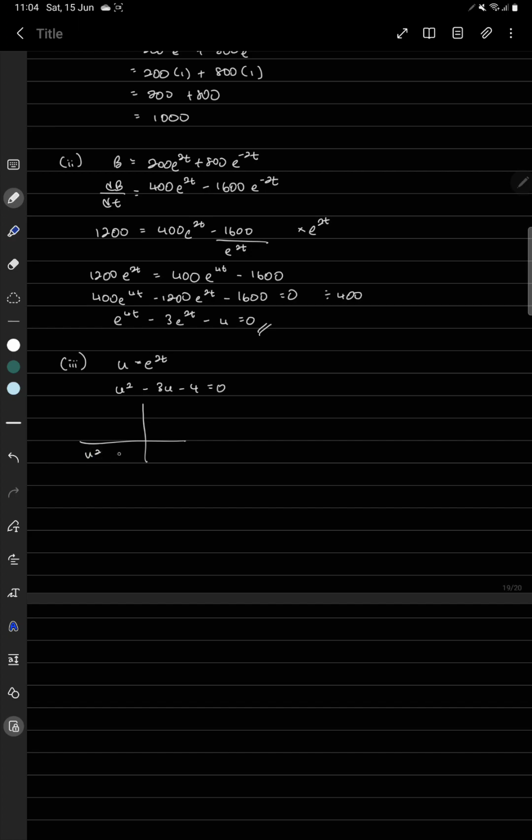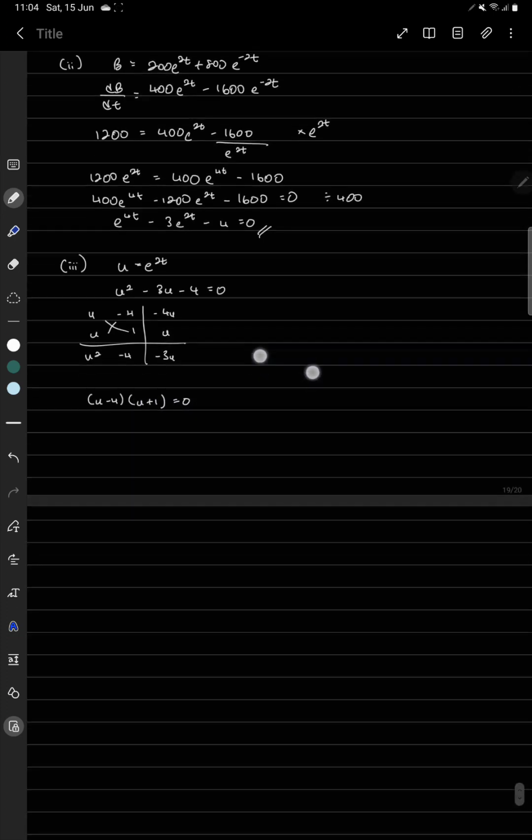So we have u squared minus 3u minus 4, and it's u times u, then in this case we want to get negative 3, so that's 4 times 1, we want to get negative 4, so when we cross multiply, that's negative 4u plus u. Okay. So when we factorize this, we're going to have u minus 4 and then u plus 1 equals 0.